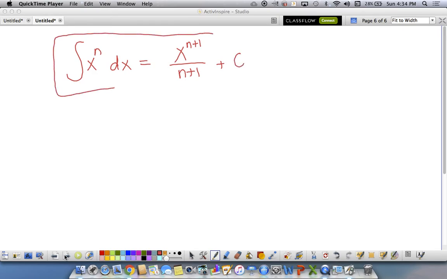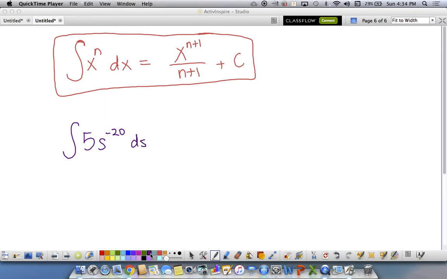This is going to be our new rule if you're given integrals, to find what their derivative was. Okay, so let's try another problem. We're going to start with one that's in the book. What is the integral of 5s to the negative 20 ds?